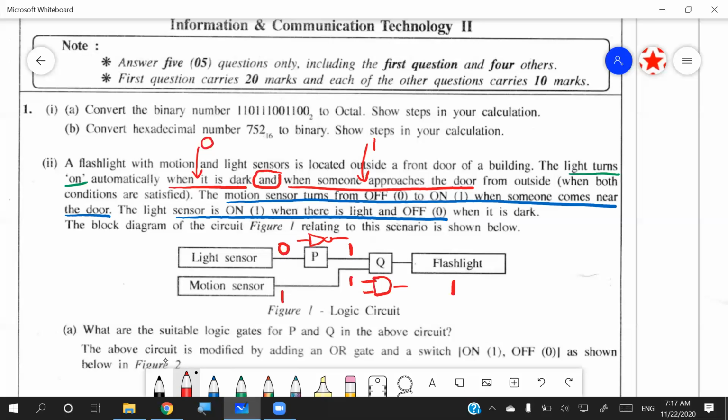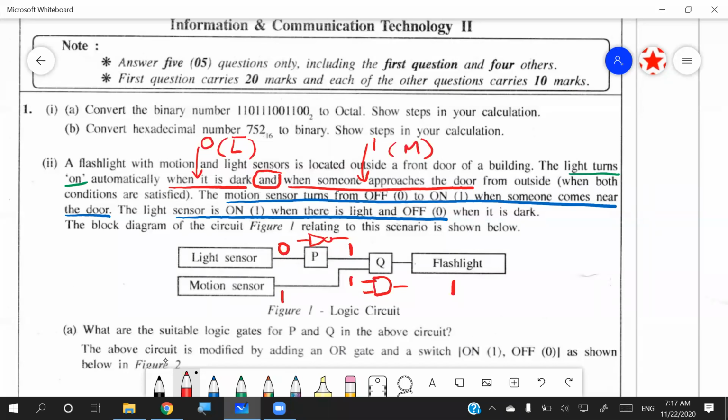Or otherwise, you can go with the expression. Let's say the light sensor, we can take it as L. The motion sensor, we can take it as M. So this is going to be L bar, right? This is going to be M, right?